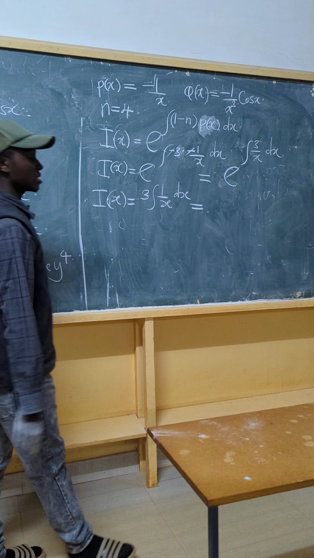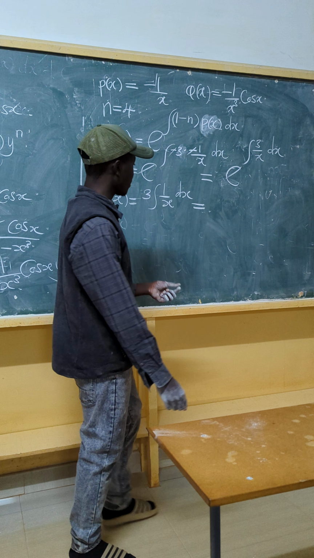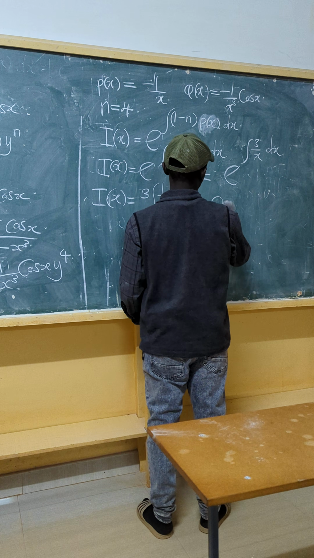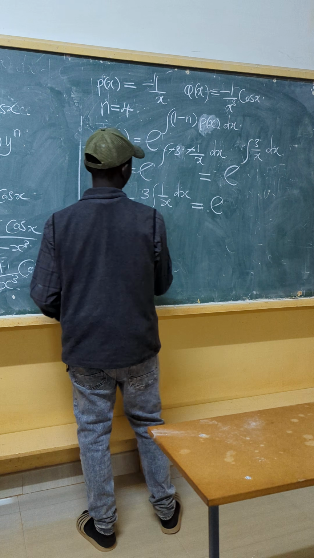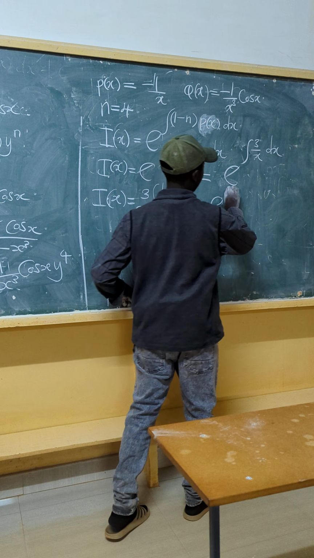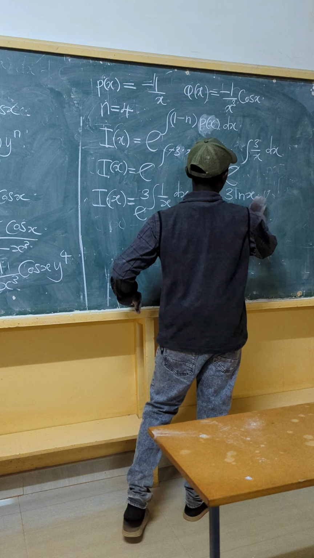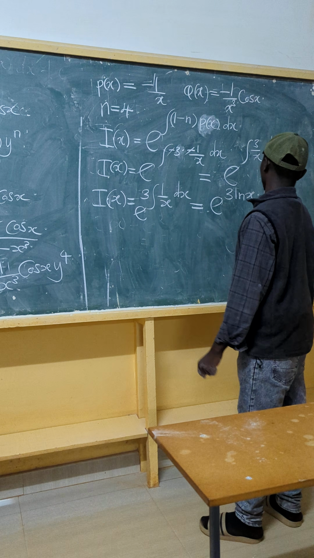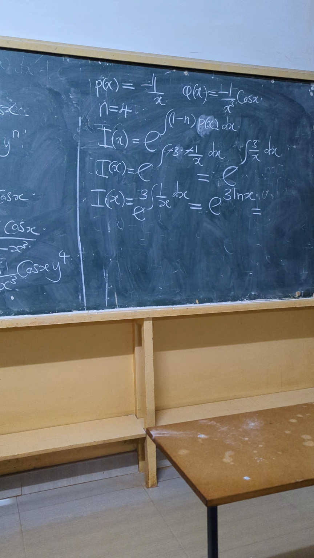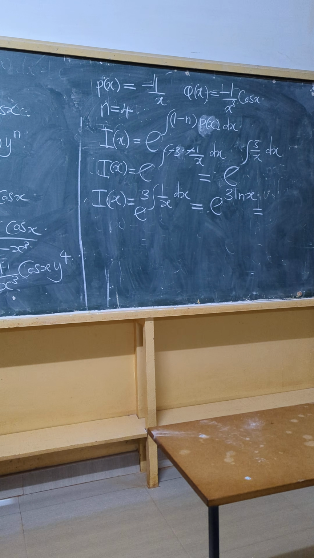You know that when you integrate 1 over x, you get ln x. So this becomes the exponential of 3 ln x.